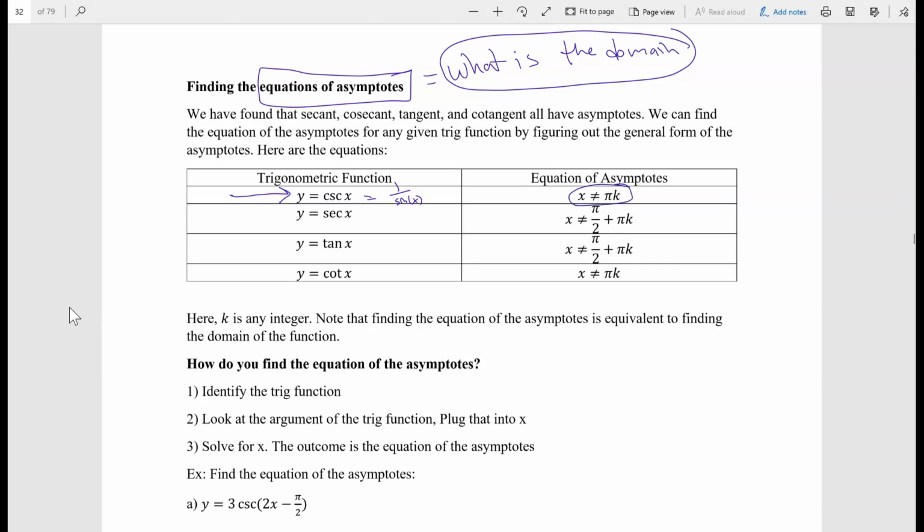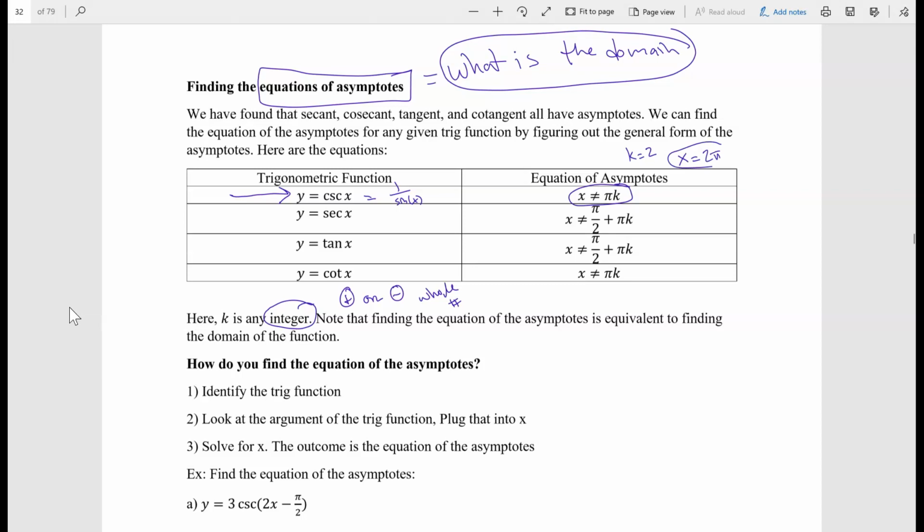Here, this value of k is an integer. Remember, an integer is a positive or negative whole number, so I can only plug in whole numbers in there. For example, if k is equal to 2, x is going to be equal to 2 pi.